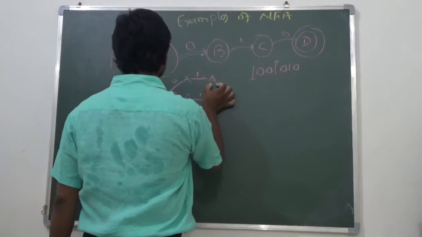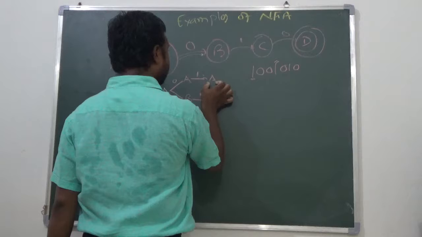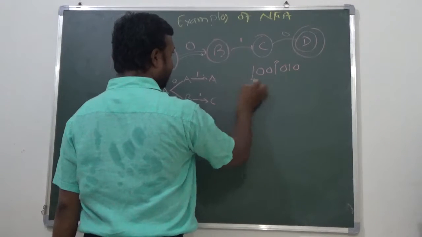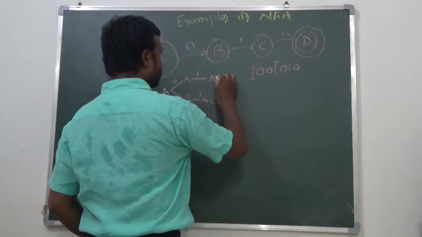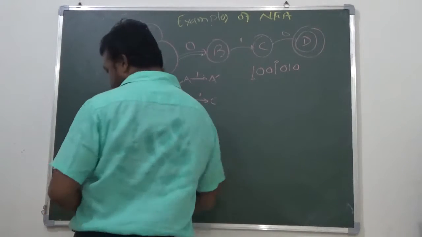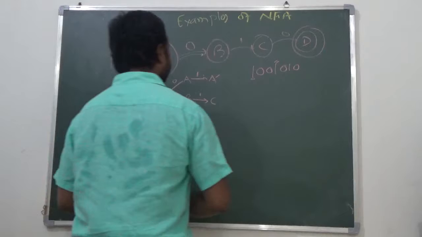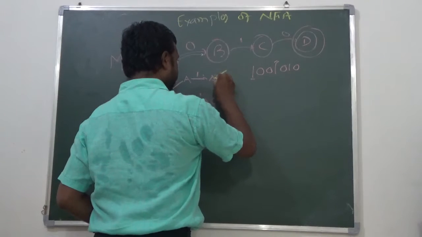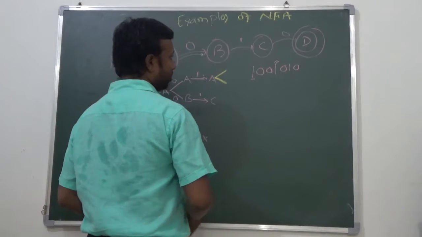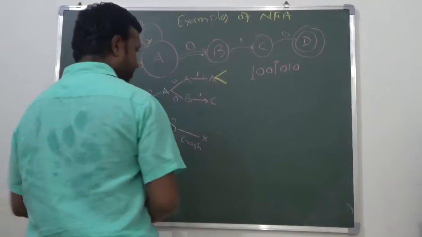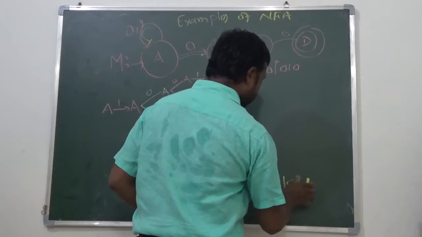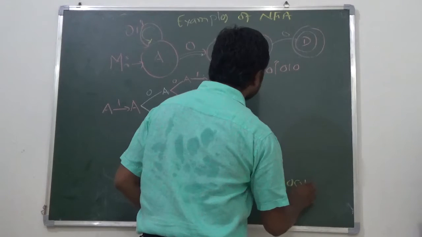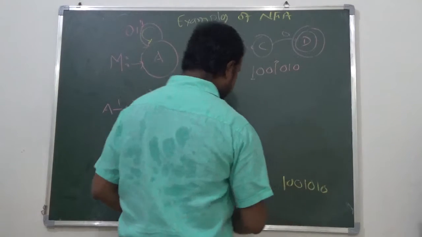Now, if the machine decides to stay in the state A, then by processing this 0, the machine has again 2 choices. Either it will go here or here.